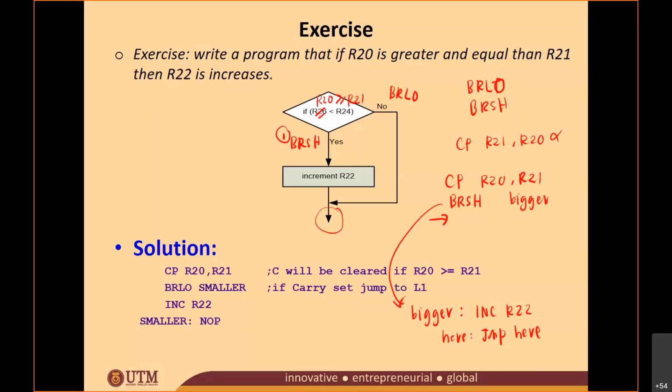If not, what are you going to do there? You need to use the jump here, which is it will jump to here. So this is when you use the BRSH. This is when you use the BRLO.